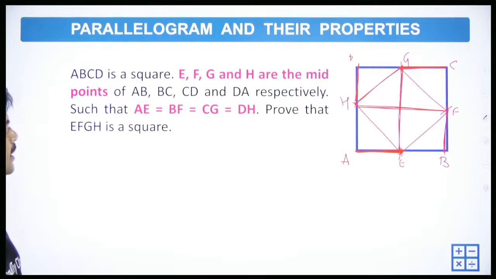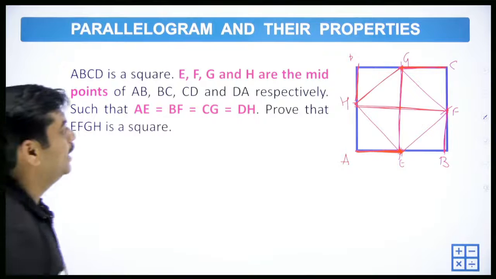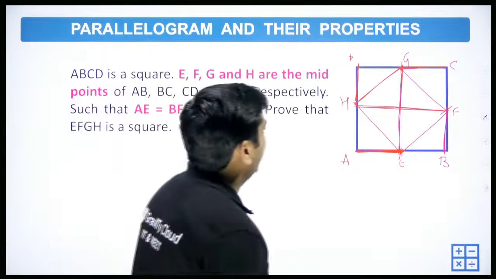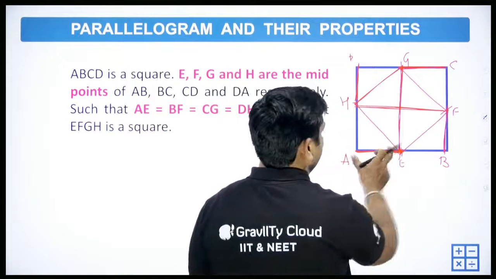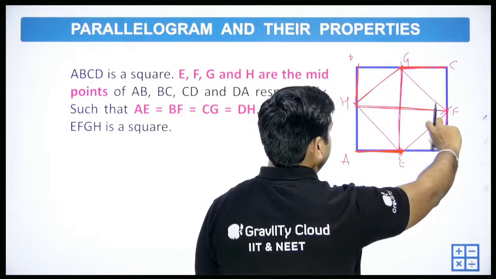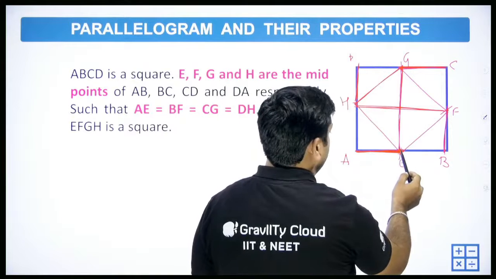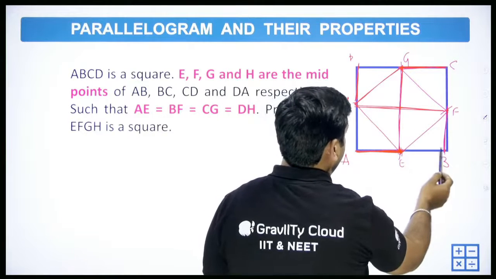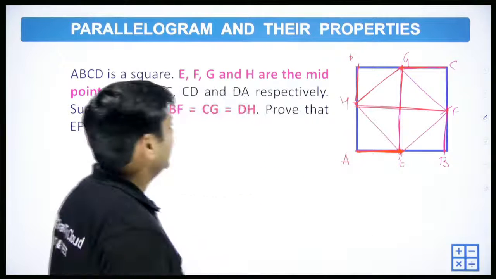So AE is equal to BF, it's already given. Given ABCD is a square, so even this will be equal, but we need to prove that EFGH is a square.